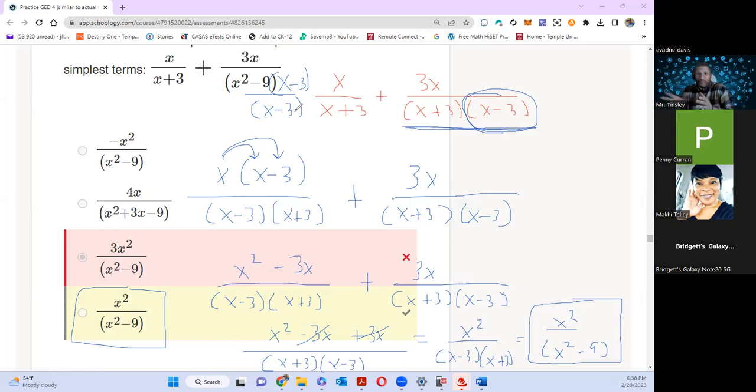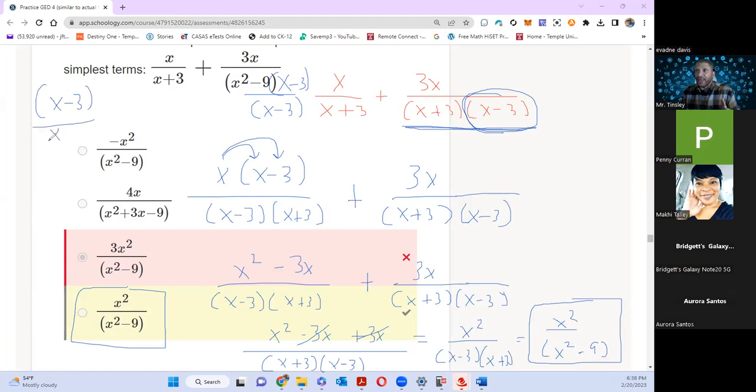But we just can't multiply by x minus 3. Whatever we do to the bottom, we've got to do to the top. Why? Because anything over itself is 1. So x minus 3 divided by x minus 3 is 1. Anything times 1 is itself. So we multiply both sides by x minus 3.